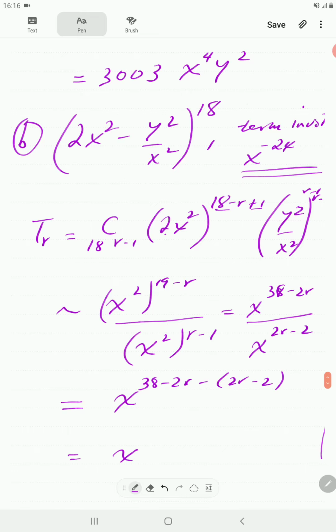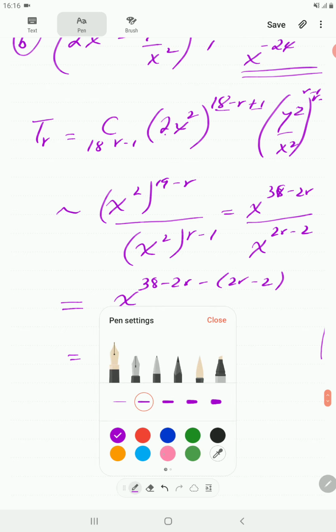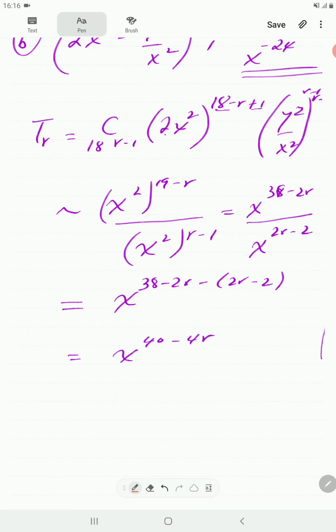So this is going to be x to the power 40 minus 4r. In the term of interest, we need x to the power negative 24 here. So we require those to be equal.